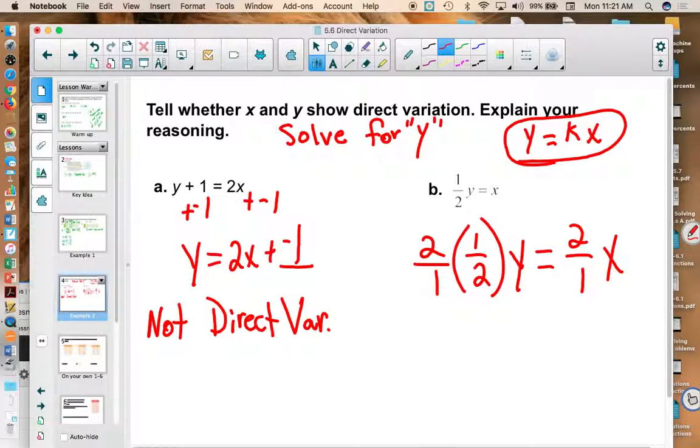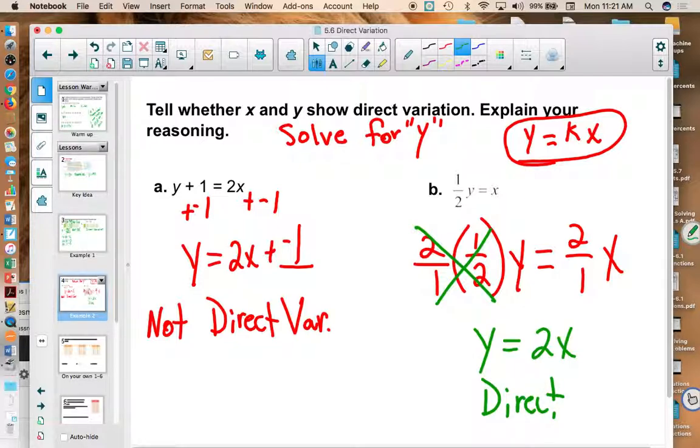Sure it is, because aren't these two going to cancel each other out, leaving one y behind, and y equals what? So what's the constant of proportionality in B? 2. Okay? So this is direct variation.